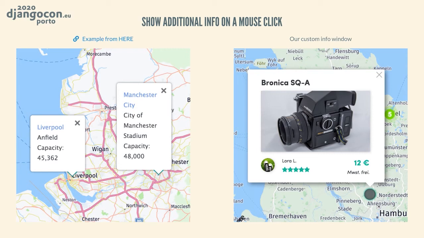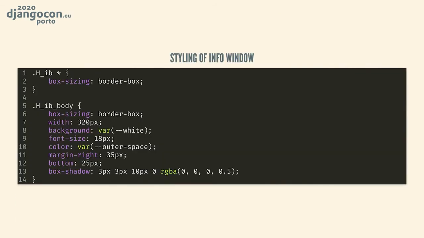In our case, we show a photo of the equipment, the user's profile picture, score, price, etc. It's possible to style content in the info bubbles by updating CSS classes added by the info bubble automatically and by styling custom CSS classes inside the info bubble.